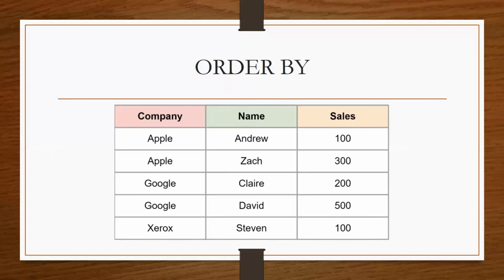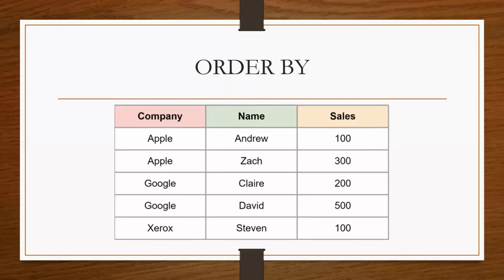What this means is that we sort everything first based on the company column. So we have Apple coming in first in alphabetical order, then Google, and then sales, with the corresponding names also lined up.